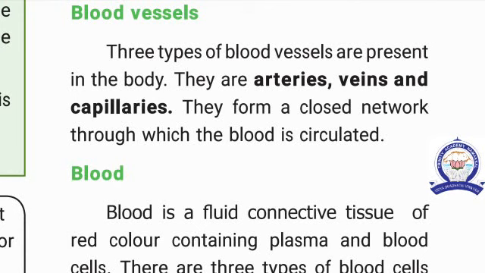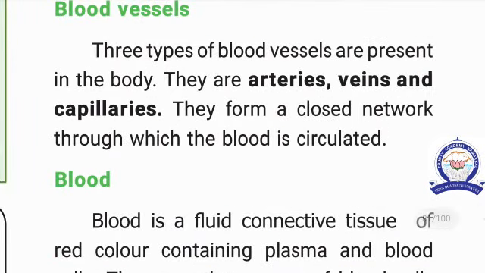They form a closed network through which the blood is circulated. Arteries carry oxygenated blood except the pulmonary artery. Veins carry deoxygenated blood except the pulmonary vein.